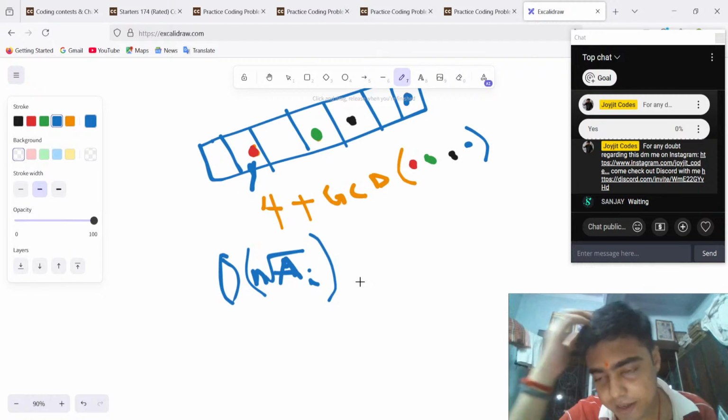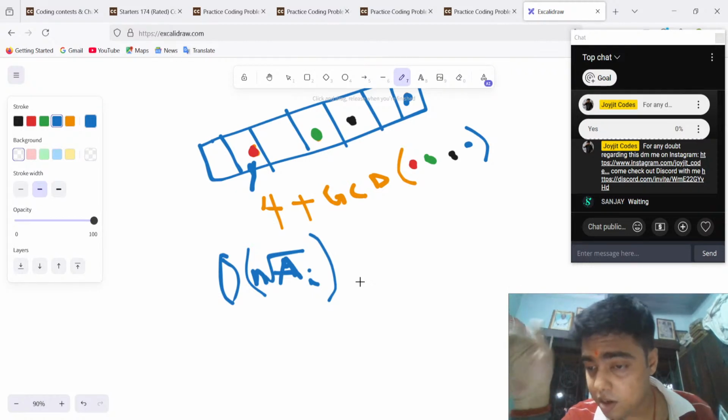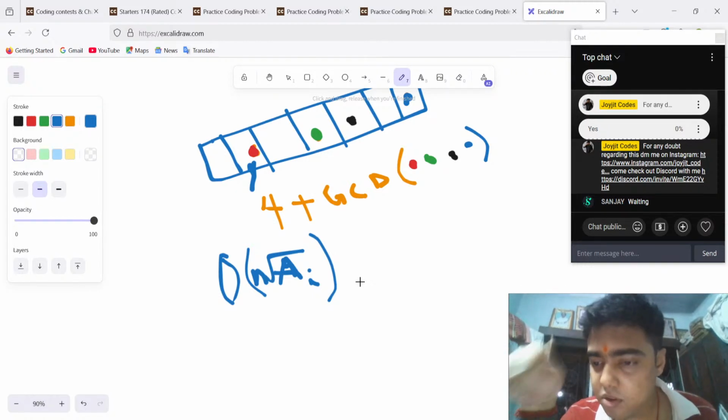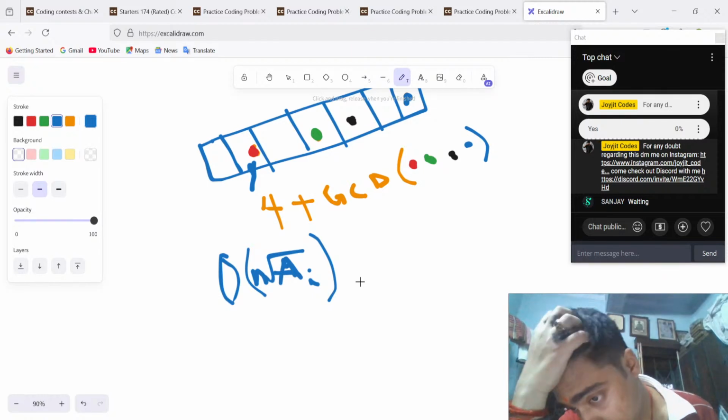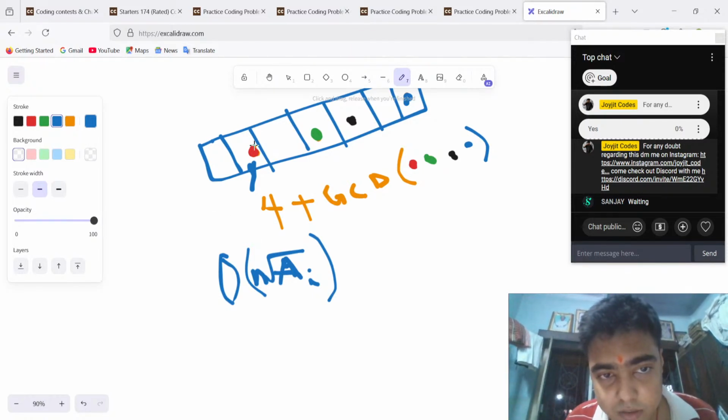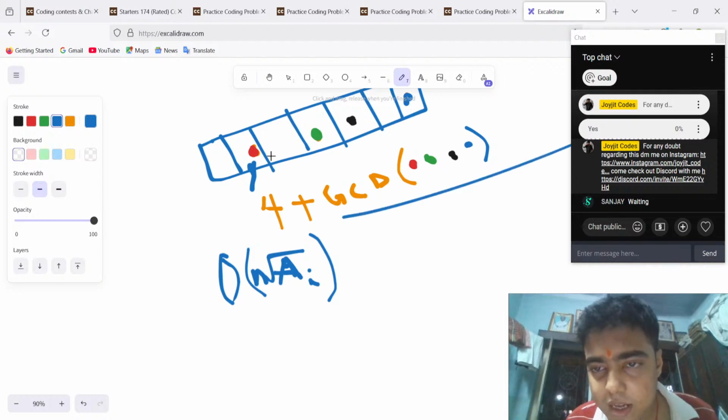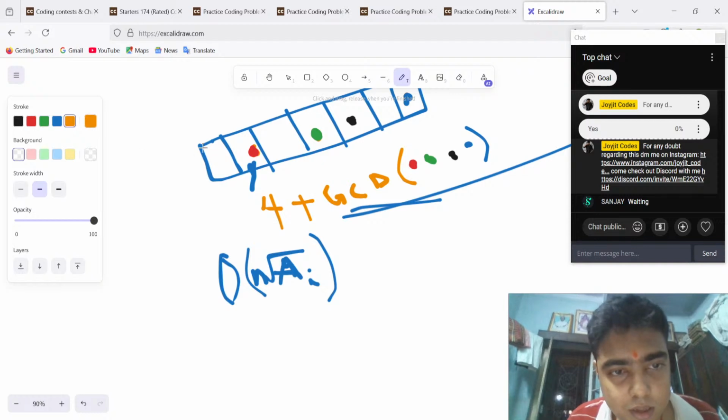After you're done with it, you can find out all the divisors and just add them to the frequency. So let's say the number 3 divides all of them, which means that if I want the GCD to be 3, I can take this subsequence. Or let's say the number 6 divides all 4 of them, so if I take the GCD to be 6, this is valid. But if I take 3, there is also another element which 3 divides.